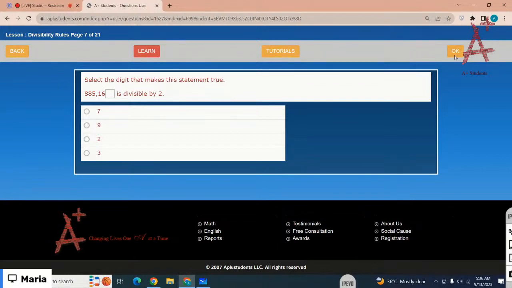Select the digit that makes the statement true. Okay, the number is divisible by 2, right? That means the last digit must be divisible by 2. So which is the correct option? 7923. Which option is the correct one?